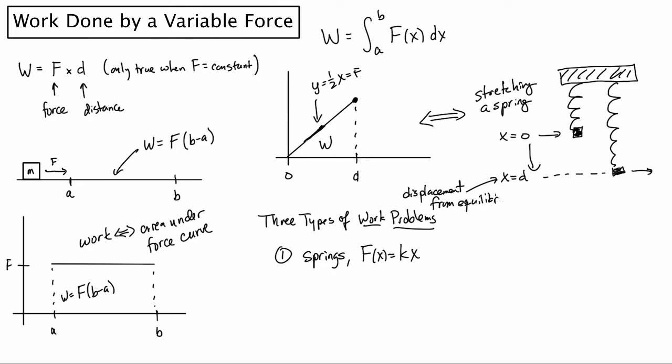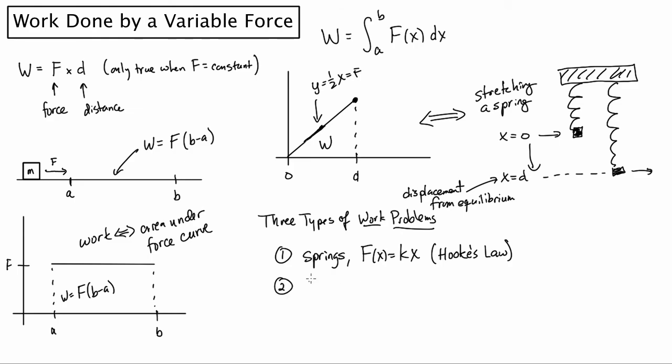Whatever its natural length is, x represents the displacement from that. And it gets proportionally harder as you displace the spring from equilibrium. This is called Hooke's law. You've no doubt run into this in a physics class or two if you've taken those. So that's one type of problem that has a variable force.